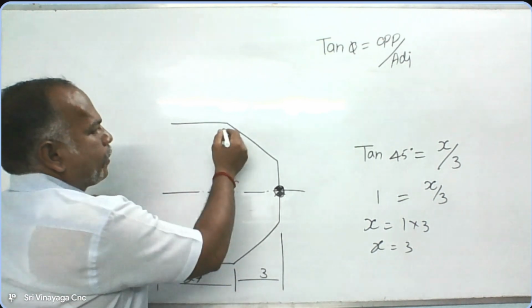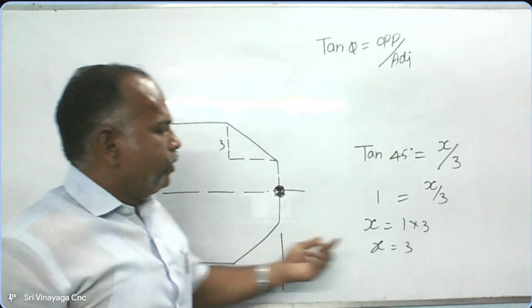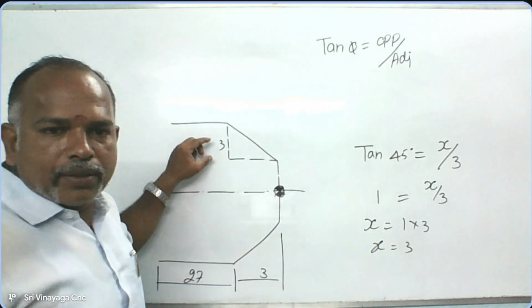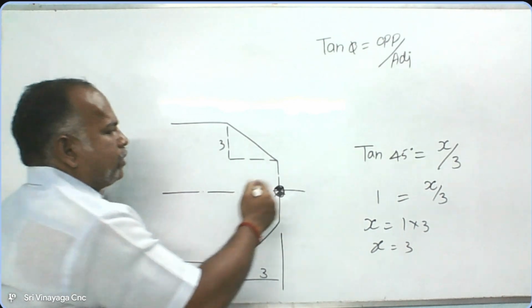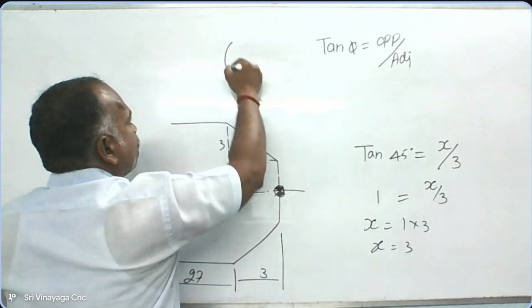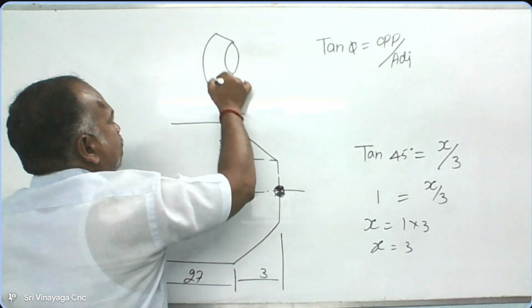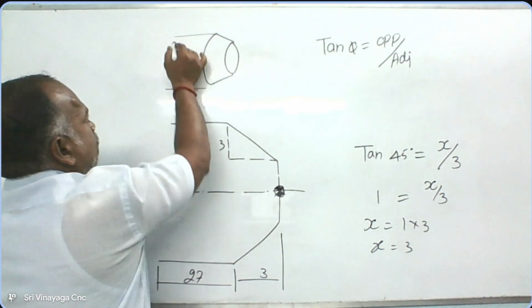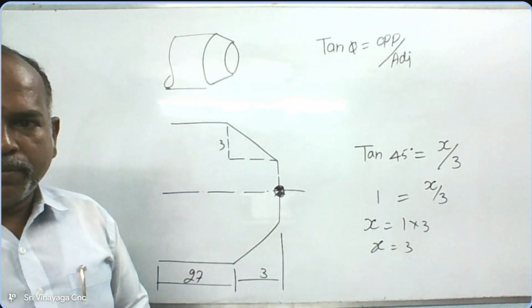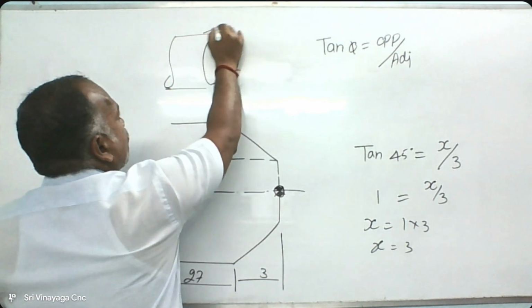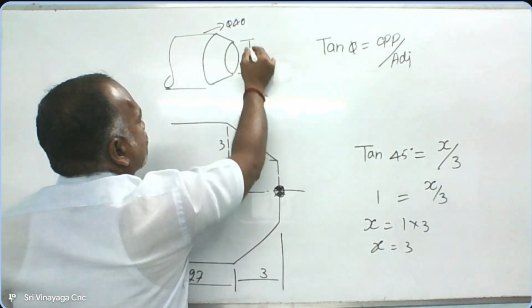We have found that x is equal to 3. So what about this diameter?